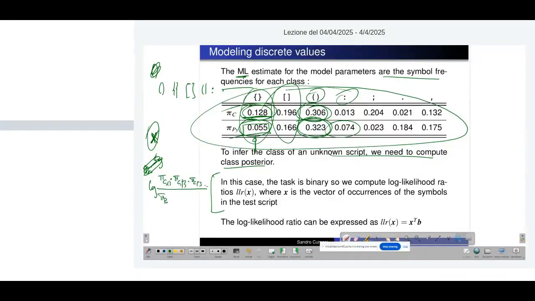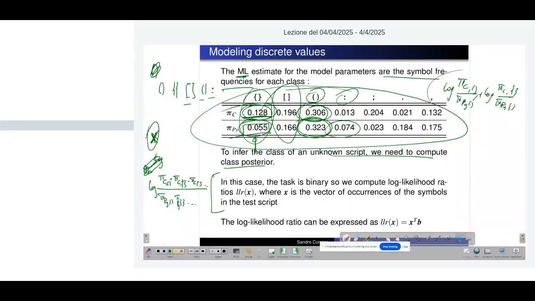And below I will have the same computed for Python. So if I want, I can see it as log pi C round divided by pi Python round plus log of pi C curly divided by pi Python curly, and so on for each token.